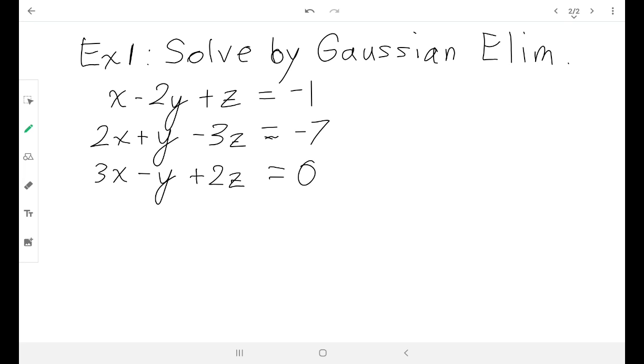It would be three different substitutions, and you'd have to do it multiple times.